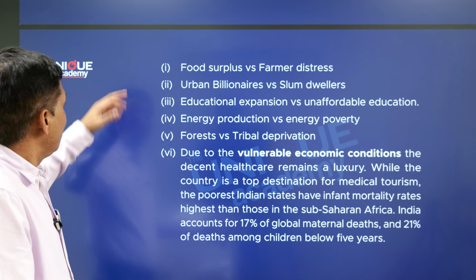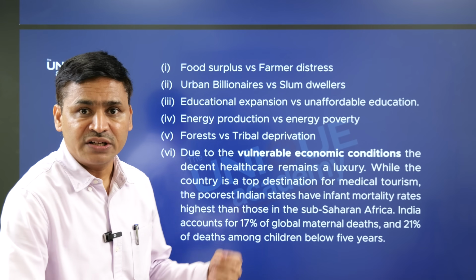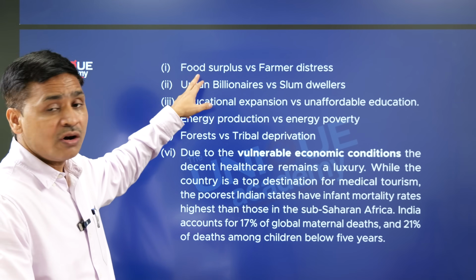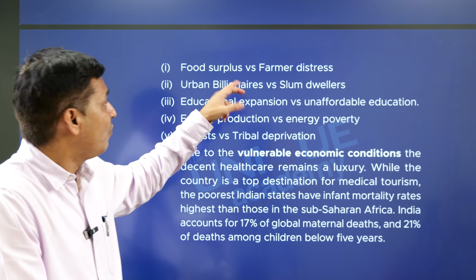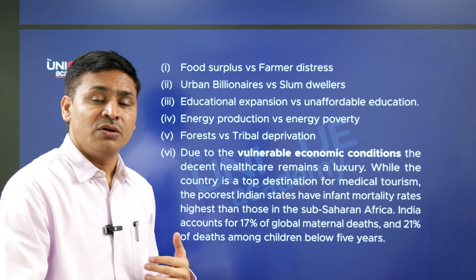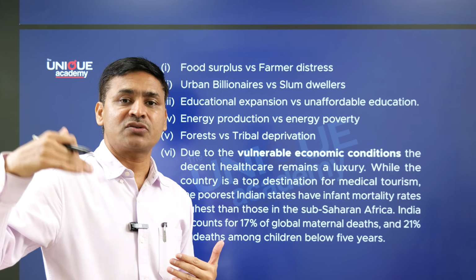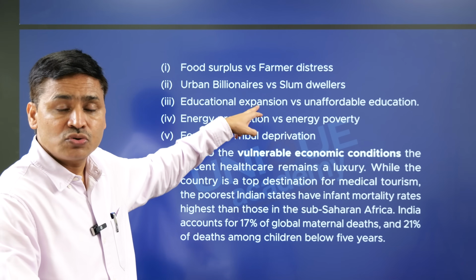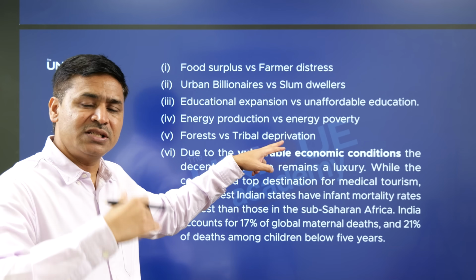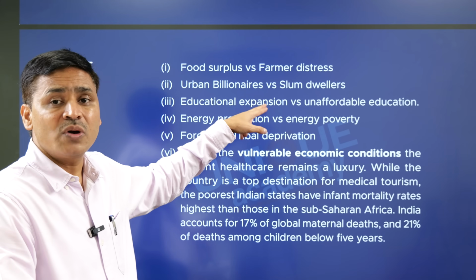Now look at the paradox, and we have brought in relevant examples. We have food surplus, but on the other hand, there is farmer distress. The extreme manifestation of that distress is farmer suicide, we know for sure. Urban billionaires: the number of billionaires has certainly increased, but look at the slum dwellers.